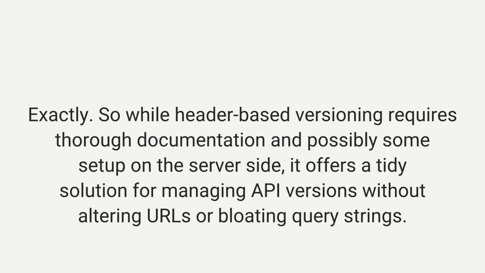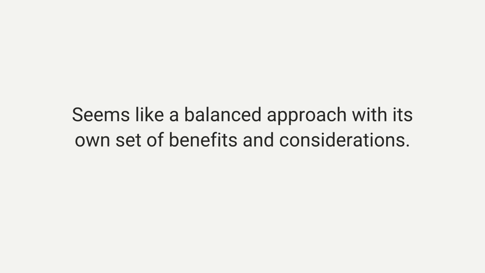So while header-based versioning requires thorough documentation and possibly some setup on the server side, it offers a tidy solution for managing API versions without altering URLs or bloating query strings. Seems like a balanced approach with its own set of benefits and considerations.